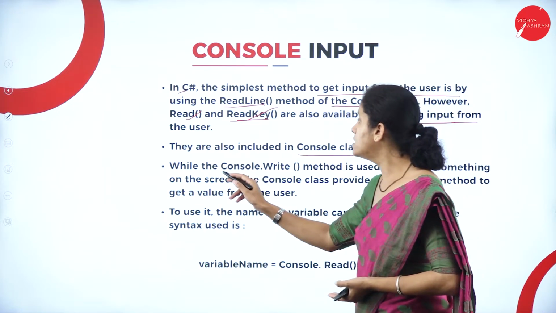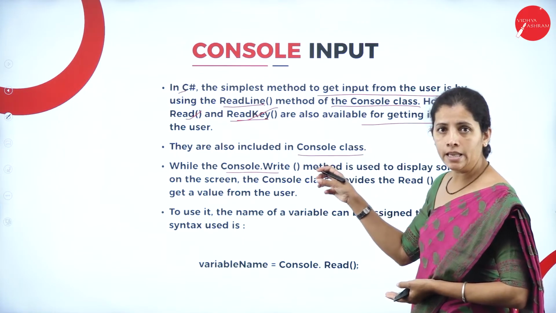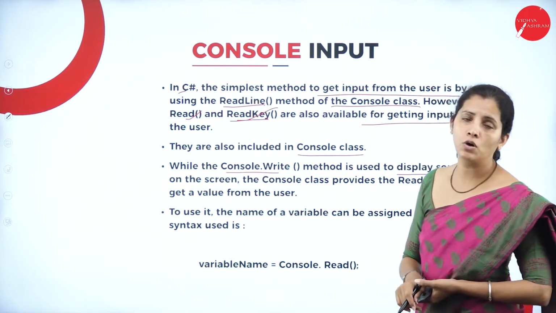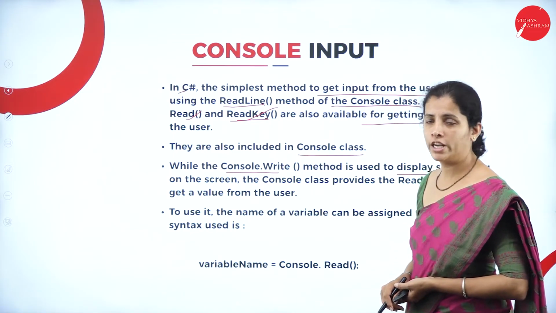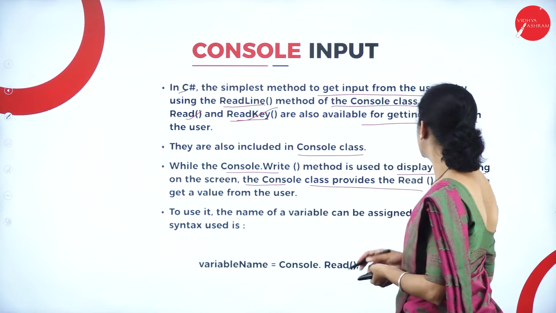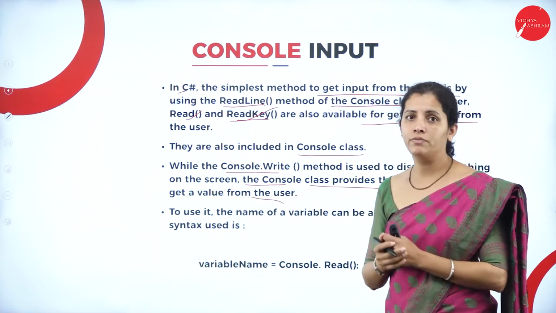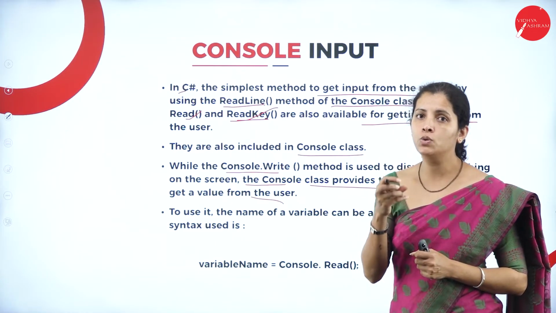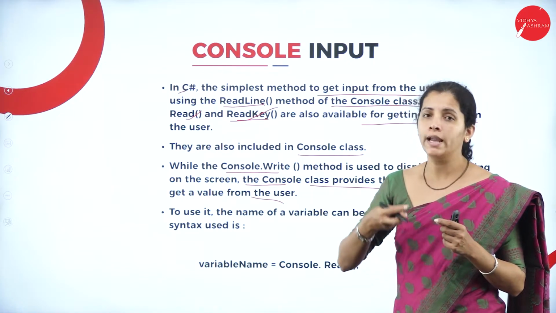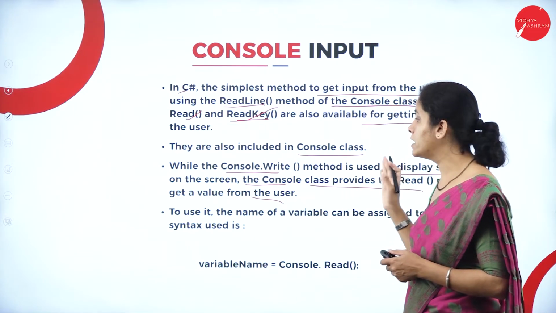Now, if I consider the Console.Write method, this is also present in the Console class, and it is mainly used to display the content on the screen or on the monitor. But the Console class provides the Read method to get the values from the user. Suppose if I want to get the values from the user, that means each time I want a new value, and each time to get new values from the keyboard, I'm going to have Read or ReadLine.